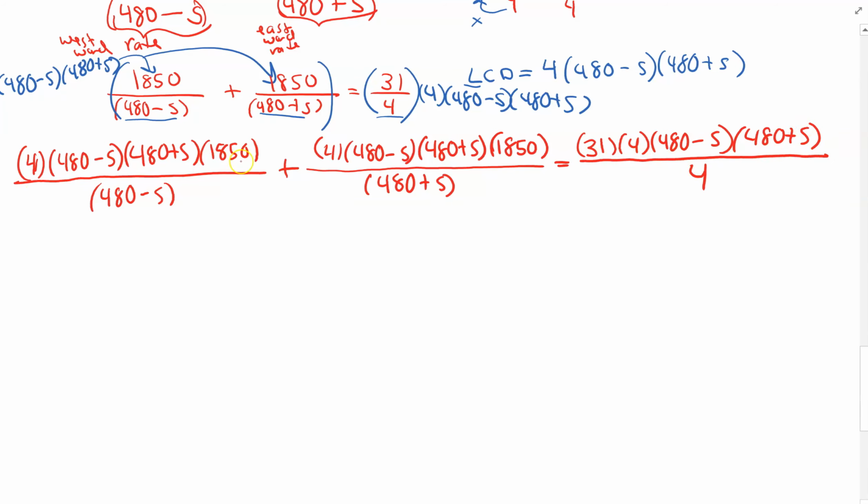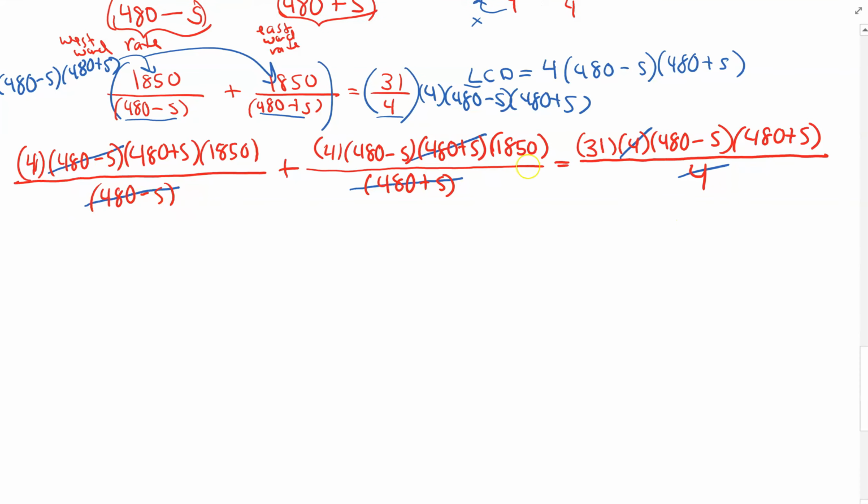So I know this looks really crazy right now, but that's because I haven't canceled anything yet. Once I start canceling things, and any common factors will cancel, then it will start to be much simpler. The numbers are large, but the equation that we solve, you'll find, is not going to be that hard.